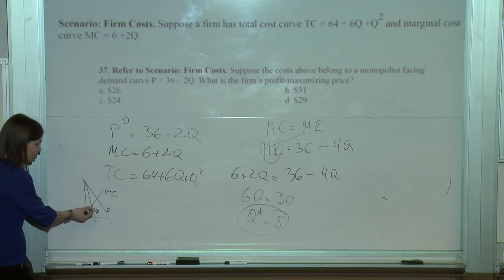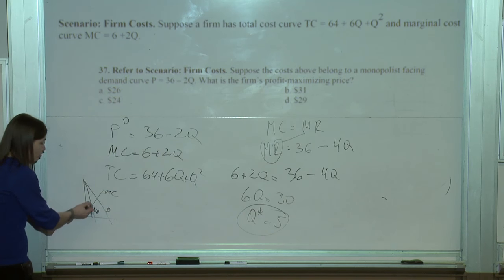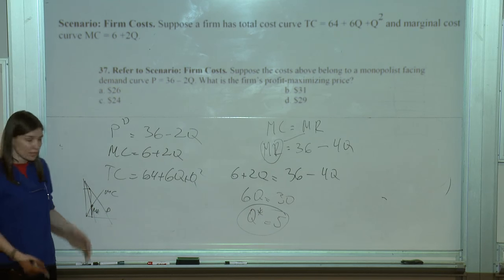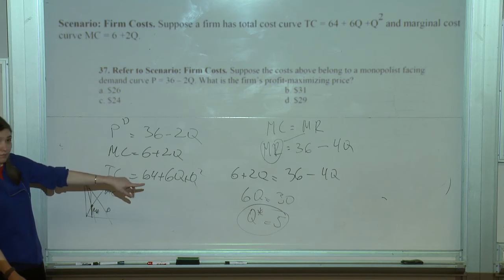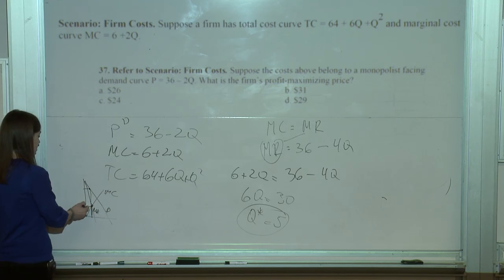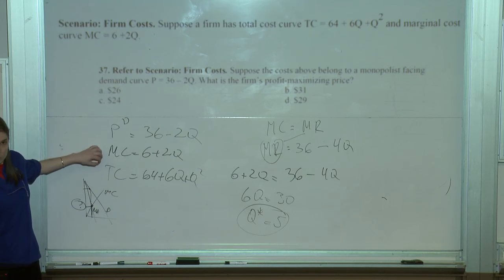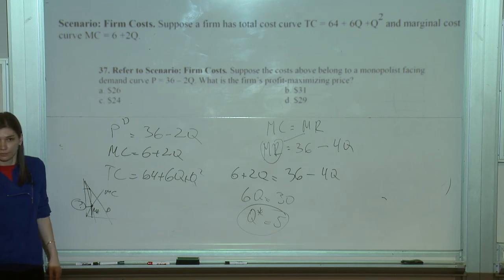I first set marginal revenue equal to marginal cost to find the quantity, but then having the quantity, the price comes from the demand curve. If I plug 5 into the marginal revenue or marginal cost curve, that's not the price. The price comes from going further up to the intersection with the demand curve.